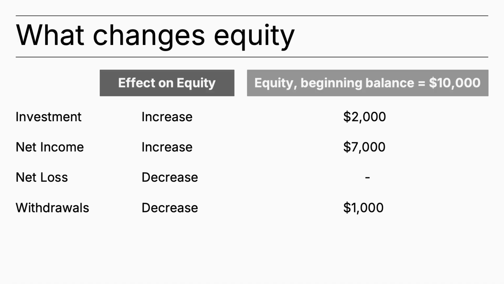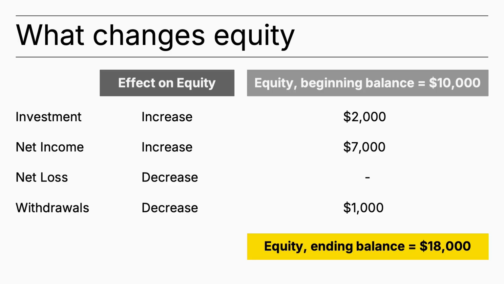What will be the ending balance of the owner's equity? The ending balance of equity is 18,000, which is beginning balance, plus additional investment, plus net income, minus withdrawals. As you can see, equity moves depending on the owner's actions and the performance of the business.